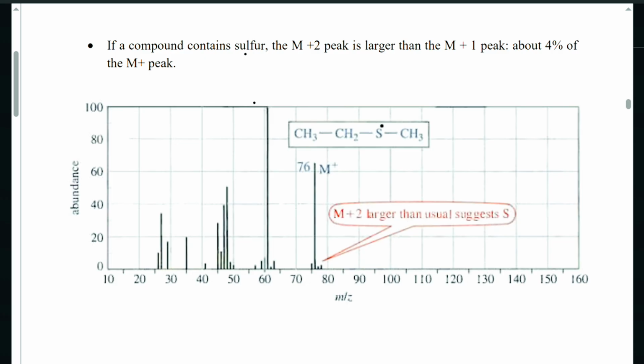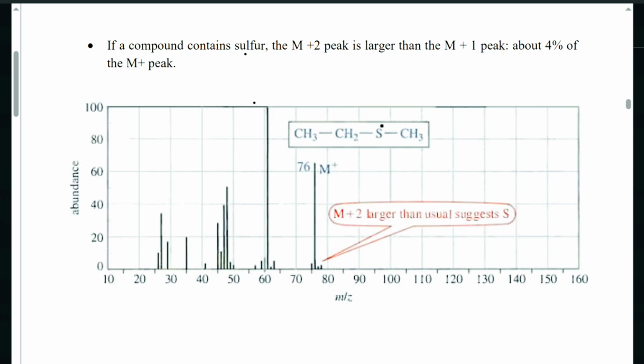This is the molecular ion peak, and the molecular mass of the structure is 76. Looking at it here, this M plus 1 is like 1%, and this one is like 4%. The ratio of this and this is basically 4 to 1, so about 4% of the M plus.